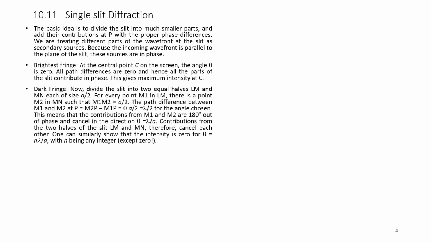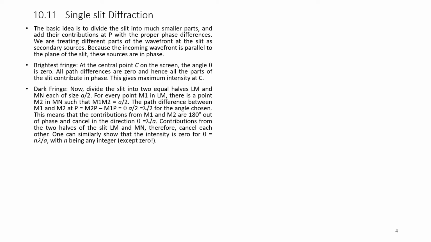Dark fringe. Now divide the slit into two equal halves LM and MN, each of size a by 2. For every point M1 in LM, there is a point M2 in MN such that M1M2 is equal to a by 2. The path difference between M1 and M2 at P is M2P minus M1P equals theta into a by 2, that is lambda by 2, a multiple of half wavelength for the angle chosen.